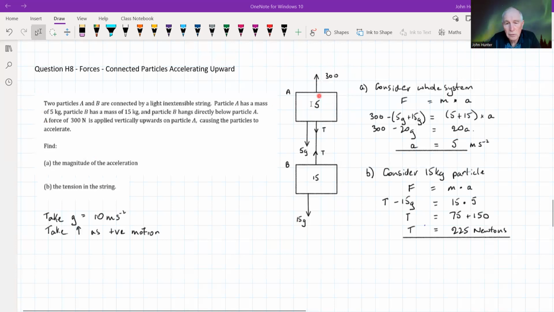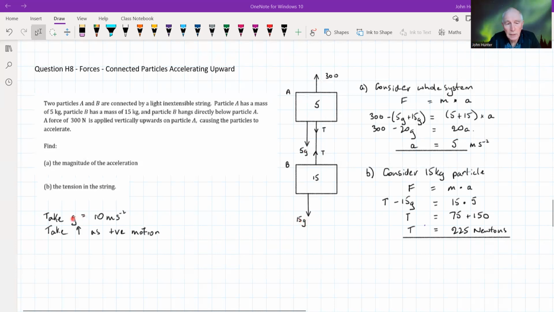There's the two particles, 5 kilograms and 15 kilograms. We've got this interconnecting light inextensible string. Of course, we've got the weight of the particles due to their mass under acceleration due to gravity, so 5g and 15g.